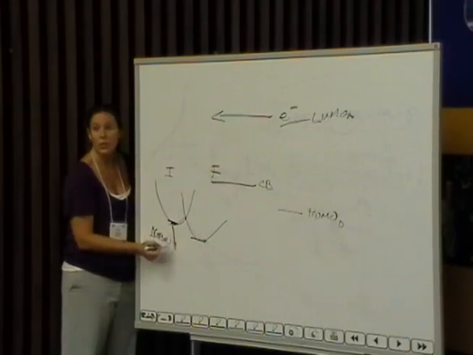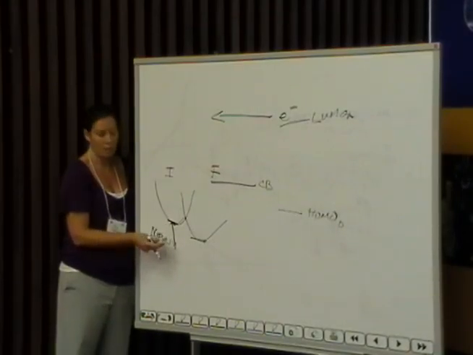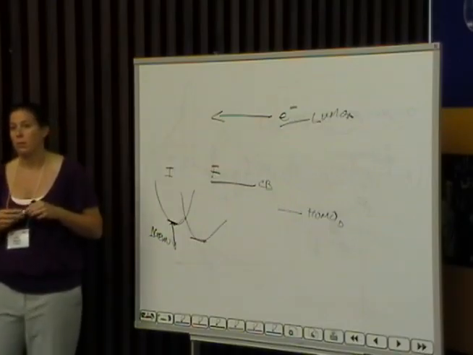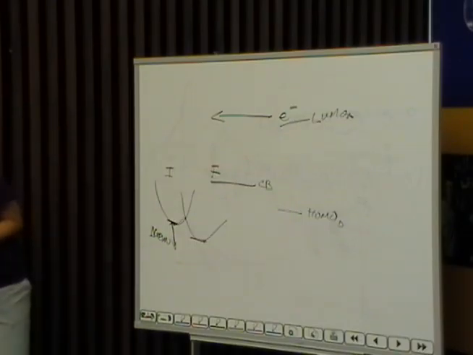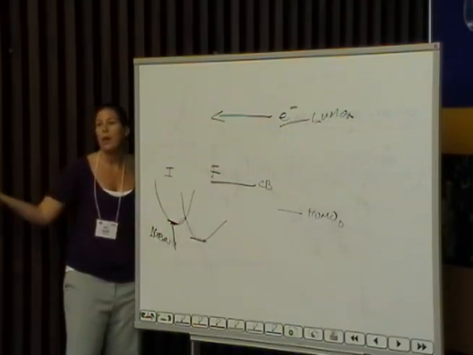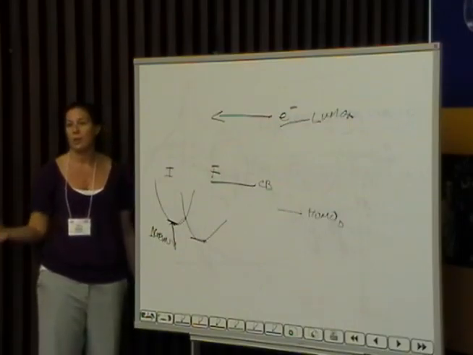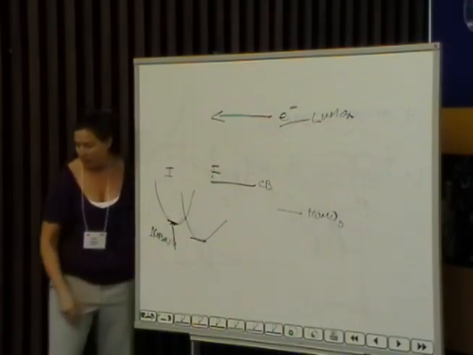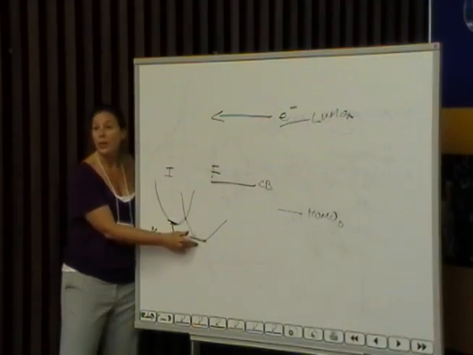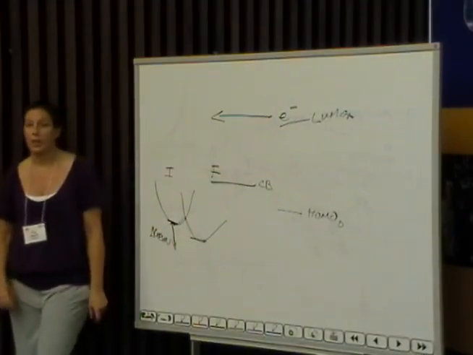But the actual delta G, whether the reaction is favorable or not, is between here. So again, this goes back to the arguments that I have with Joe Barry. He says, well, if I can draw these two, then I can tell you what the kinetics are, because I can calculate the delta G of going from here to here, and the delta G of going from here to here, and from that I can pull out the kinetics.